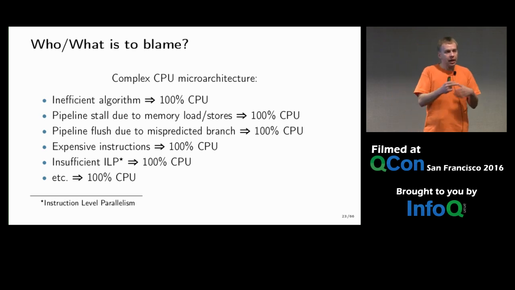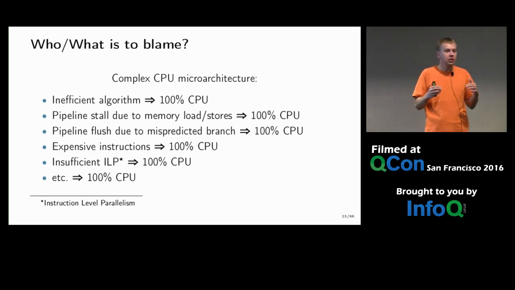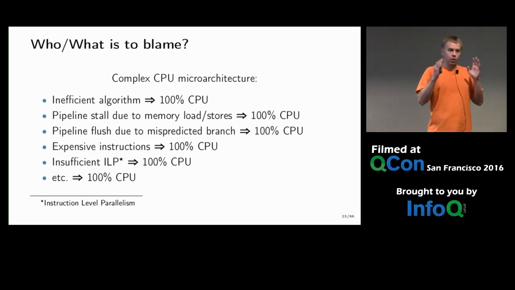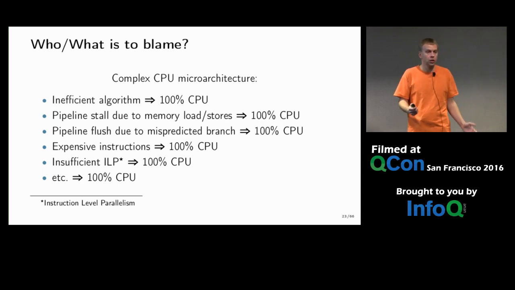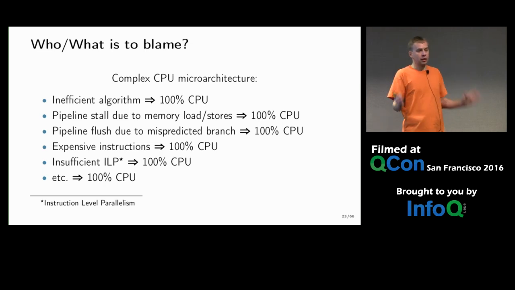Or maybe you have a tricky algorithm which has a lot of branches, a lot of conditions inside, and you are constantly stuck with pipeline flushes after branch misprediction. You will see 100% utilization on the top level, and you won't know the details of what happens. A lot of things inside the CPU, when executing instructions, stall your CPU, and from outside it is shown as 100% CPU load.